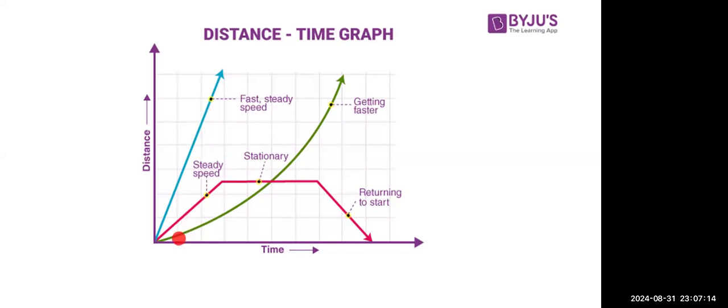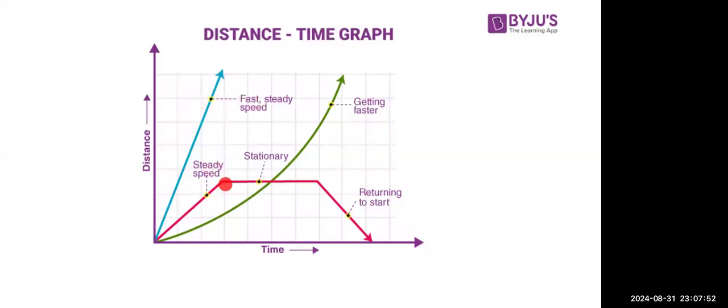But if you see a curved line like that, it means at the start of the time, the curve is gradually increasing. It means the object is gaining speed. It is getting faster now. But in the pink line, you can see at the start of the curve, the line is straight. It means the body is moving with steady or constant speed. It is just like the blue line.